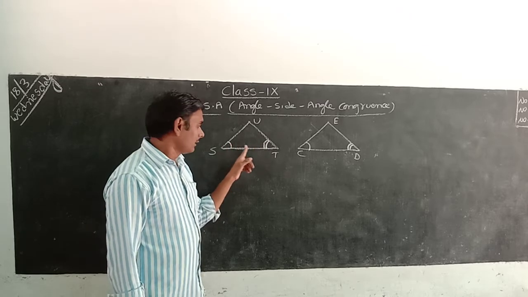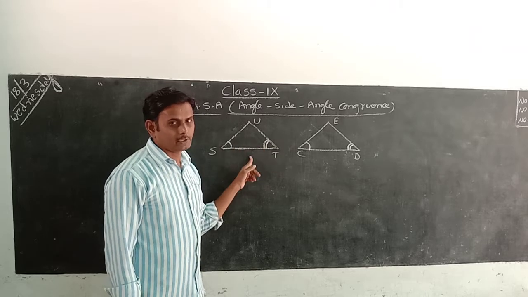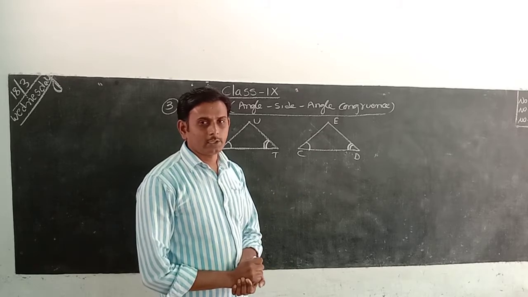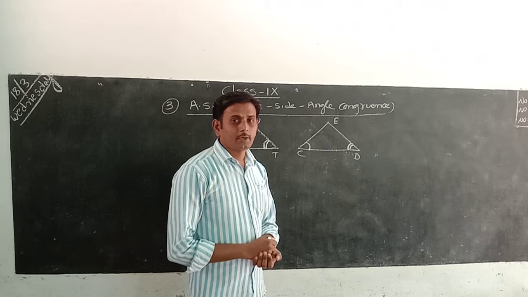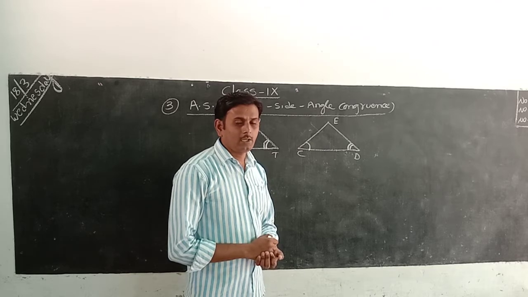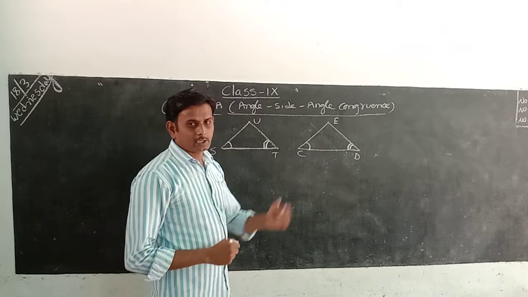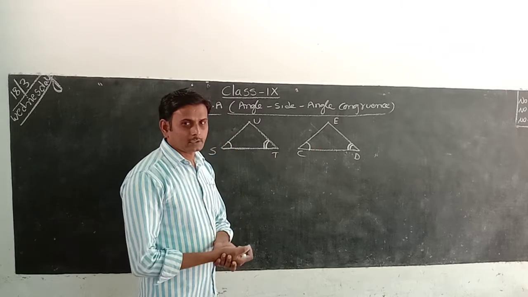Two angles are with the side, we can say, equal to two angles formed along the side of another triangle, and the triangles are congruent. That means if you choose any two angles here, those should be equal, and we have to choose the side also.